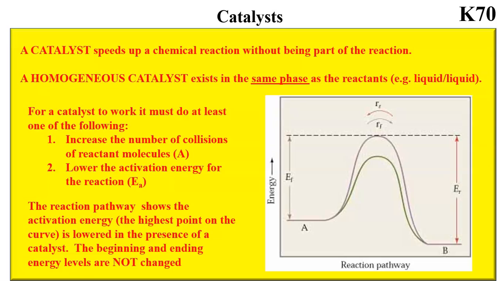The reaction pathway shows that the activation energy, the highest point on the curve, is lowered in the presence of a catalyst. The beginning and ending energy levels are not changed. So the catalyst does not change how the reaction begins and how it ends. With or without the catalyst, it's going to begin at a certain energy level and end at a certain energy level. The catalyst just makes it easier to get from the beginning to the end of the reaction.